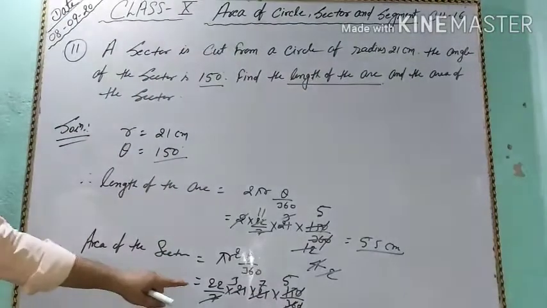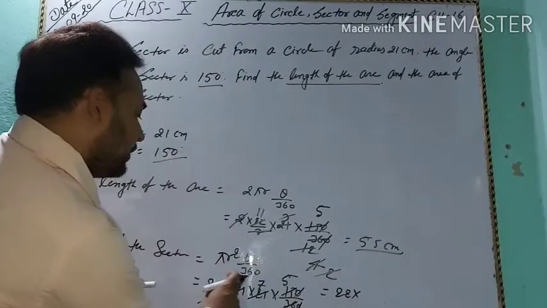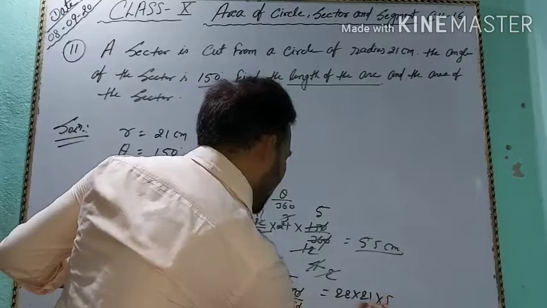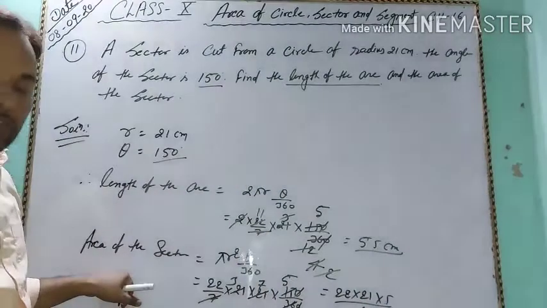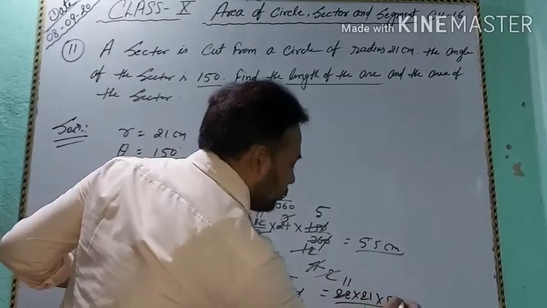Here 22 multiply 3 multiply 7, that is 21, and multiply 5 by 4. 2 2 ja 4, and 2 11 ja 22.